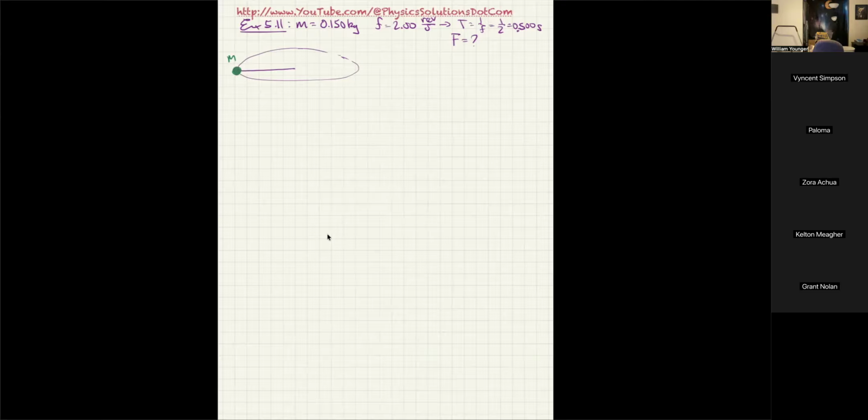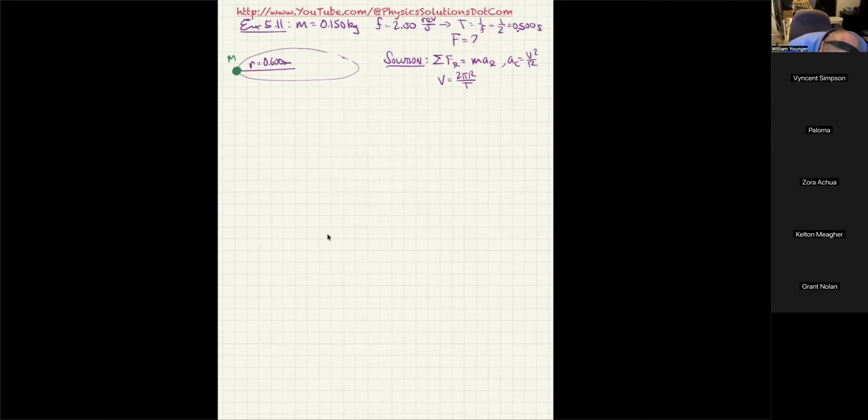Solution: the summation of forces in the radial direction equals mass times acceleration in the radial direction, and a sub c is equal to v squared over r. But I'm also going to use the fact that v is equal to 2 pi r over the period. So that'll help us as well. They did tell us also that the radius of the circle r is equal to 0.600 meters.